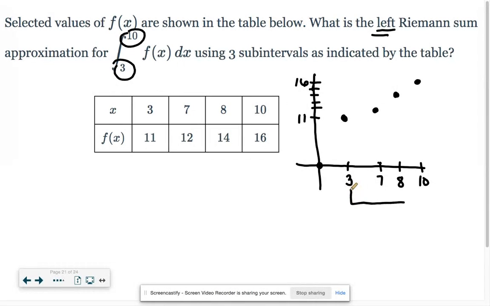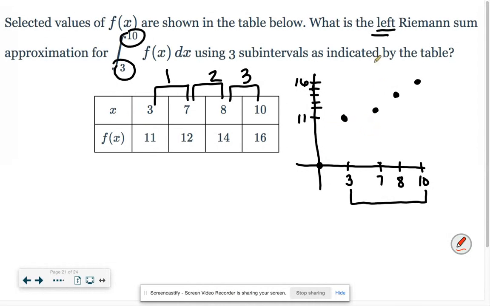So just this window here, using 3 subintervals as indicated by the table. So they are telling you that they have broken this up into 3 subintervals, okay, like this. Here's interval 1, here's 2, here's 3. So this is not evenly spaced intervals. They're telling you they want you to set it up just like they're giving it in the table.